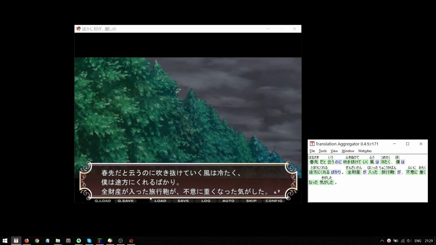全財産が入った旅行カバン. 全財産 means everything one owns. Ryokou is a trip. Kaban is a bag. So it's a travel bag, or a suitcase.